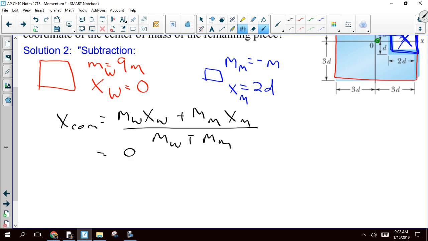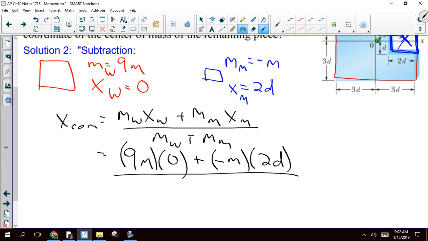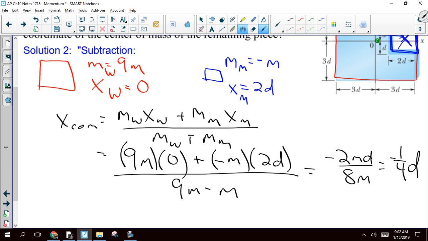So the mass of the whole is 9m times its position 0, plus the mass of the missing bit, negative m, times its position 2d, all over our total mass, which is 9m minus m. And so once again, you get negative 2md over 8m, which gives negative 1/4 d, just like we had before.